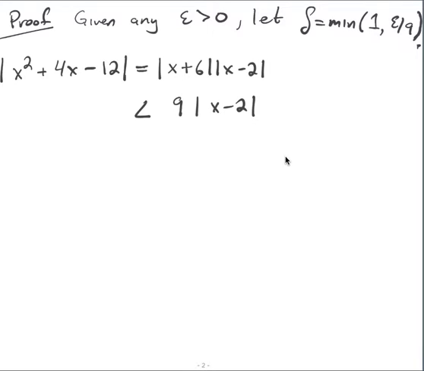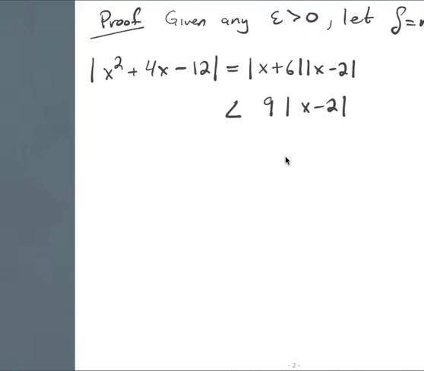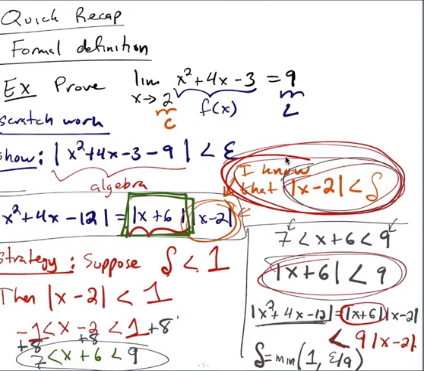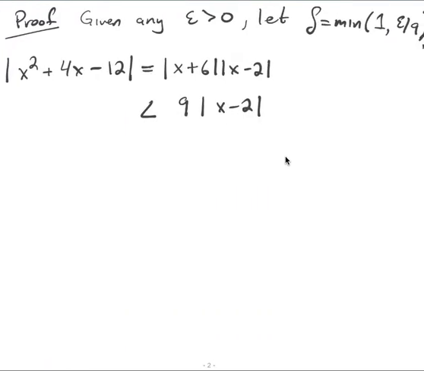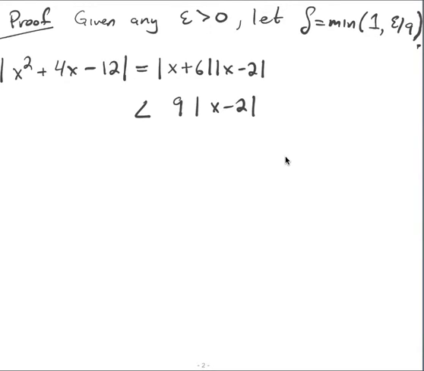Now, if you just come up with this 9 out of nowhere, I'm going to be like, how did you know that? But we have it over here in the scratch work. So for grading purposes, I can see your scratch work and I know where the number 9 came from. If you're writing this down as a math person, you think, obviously it's less than 9.